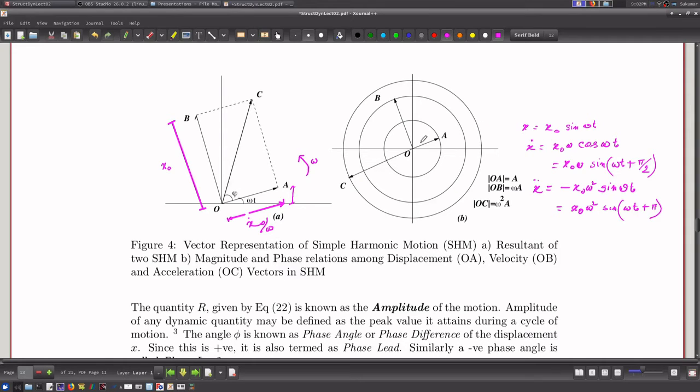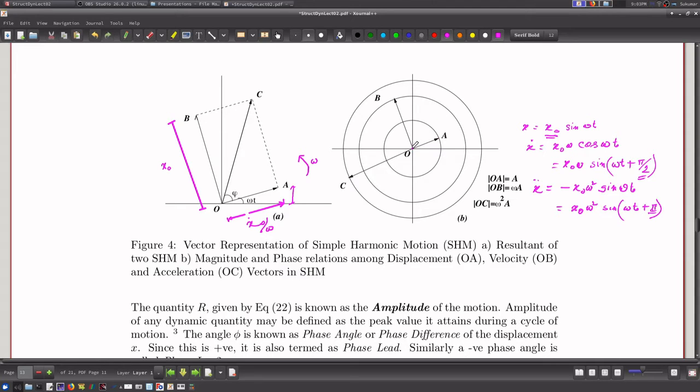Therefore, if the displacement is this vector, then the velocity vector will be just at 90 degrees to the displacement vector because of this pi by 2 phase lead, and the acceleration vector will be at a phase lead of angle pi, so it will be just 180 degrees ahead of the original displacement vector, and their amplitudes will be different. The first vector has this much amplitude, so this is the radius.